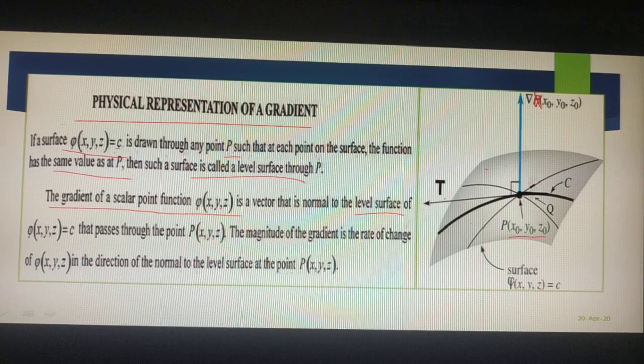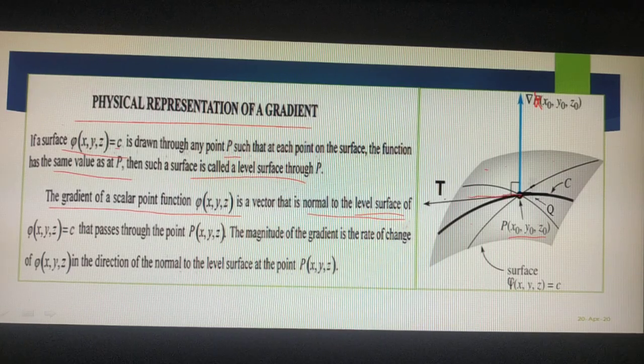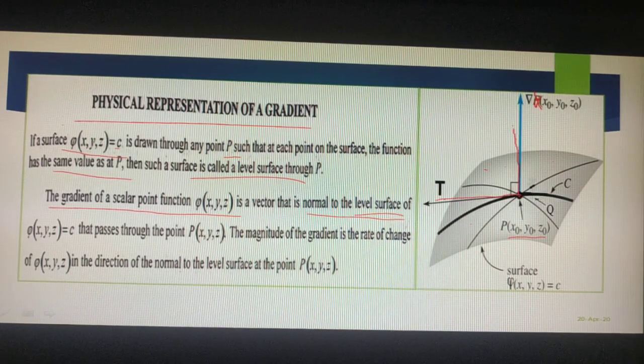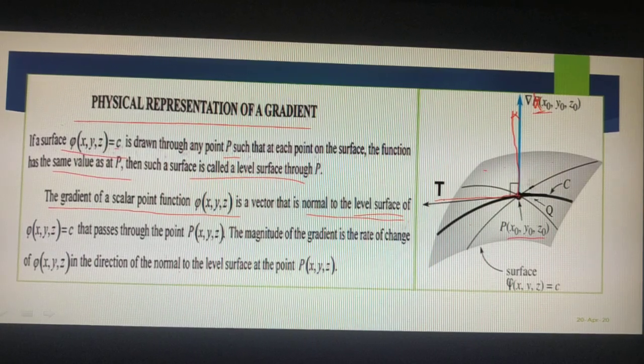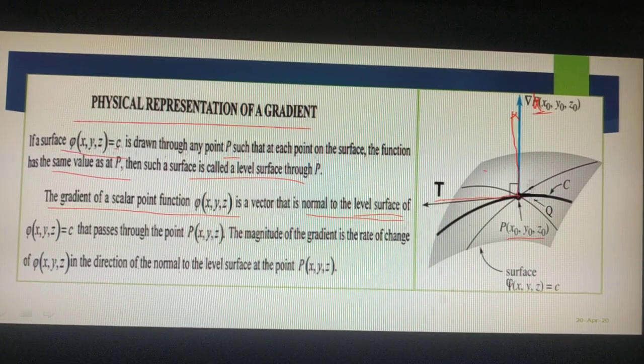At this point, what is your gradient? It's always normal to the level surface. At this point, this is your tangent and this is your normal. Always it is normal to your level surface, and that is the direction. This is your del phi. In this direction only we will get del phi.